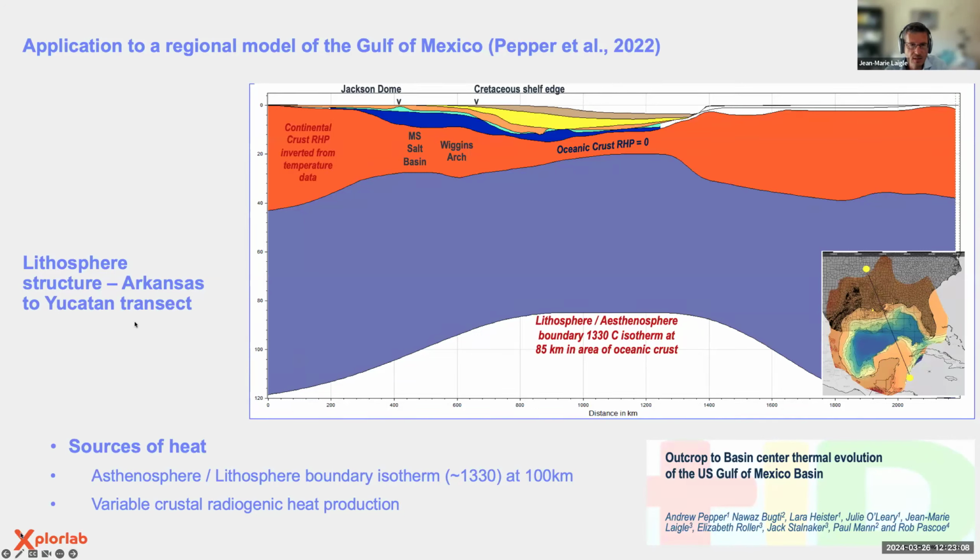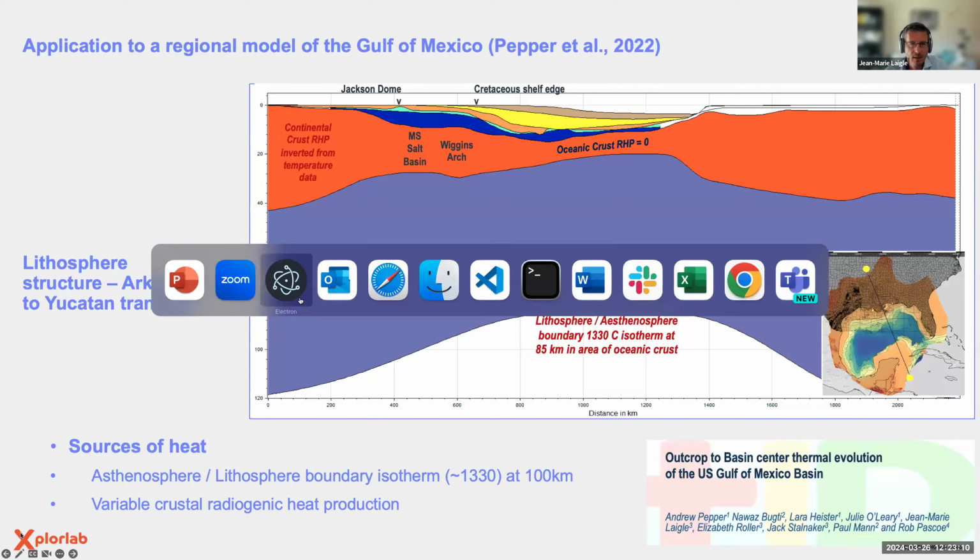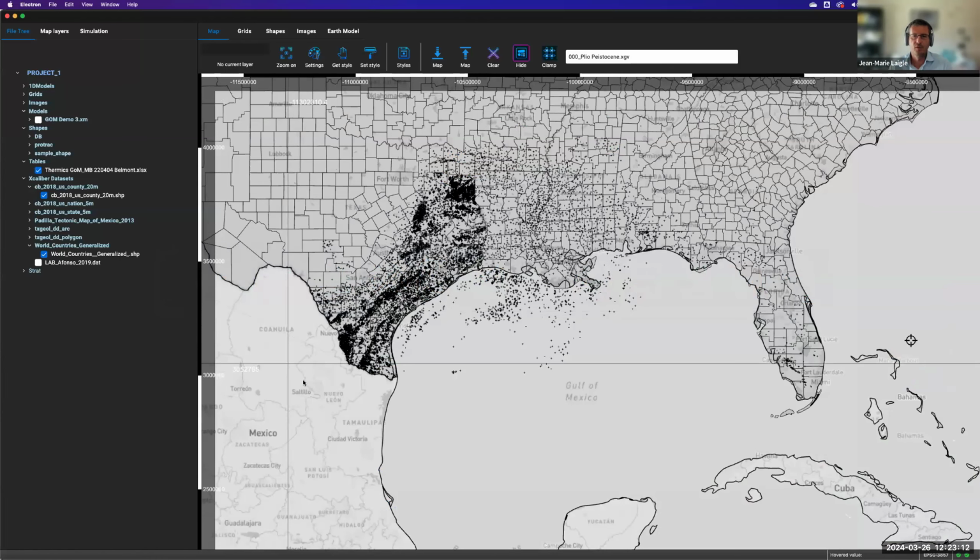So let's see what it looks like here in the platform. So I'm going to show you the rapid simulation here. Just a couple of introductions on the framework in which this happens.